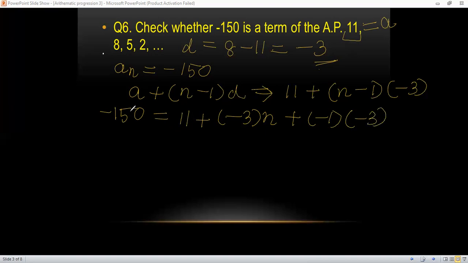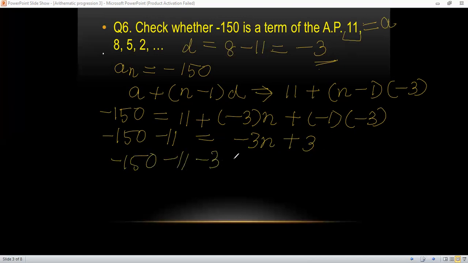Now take this 11 to left hand side. This will become minus 3n plus 3. Now take this 3 also to this side. Add all the values. Minus 164 is equal to minus 3n.